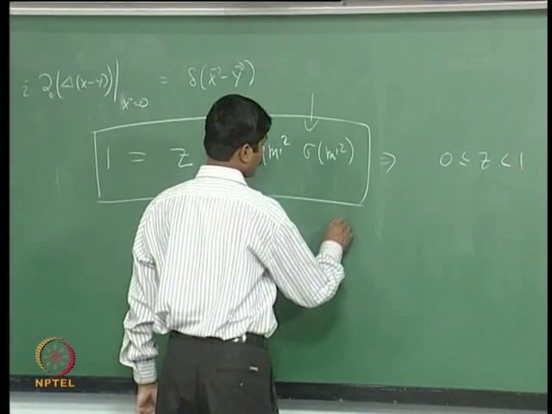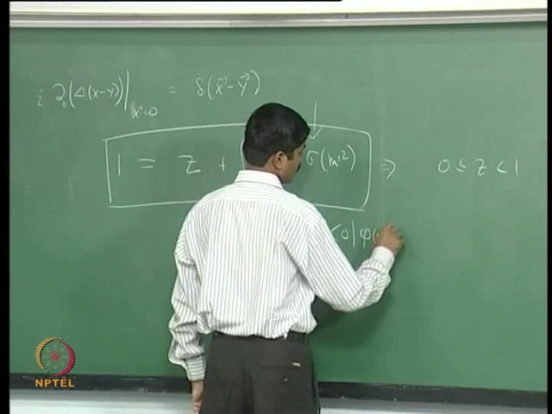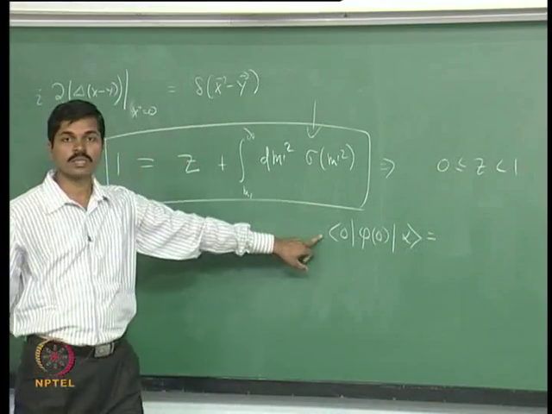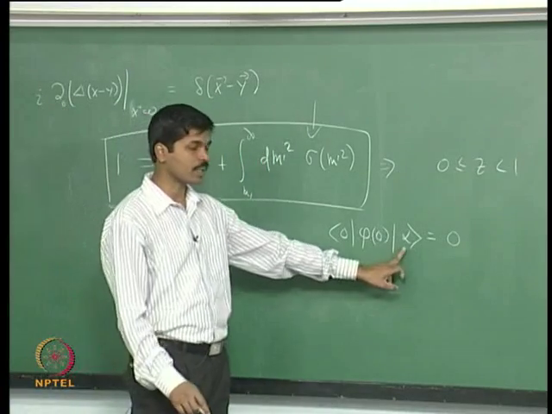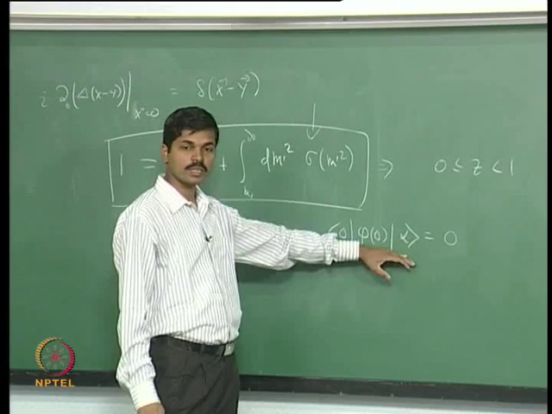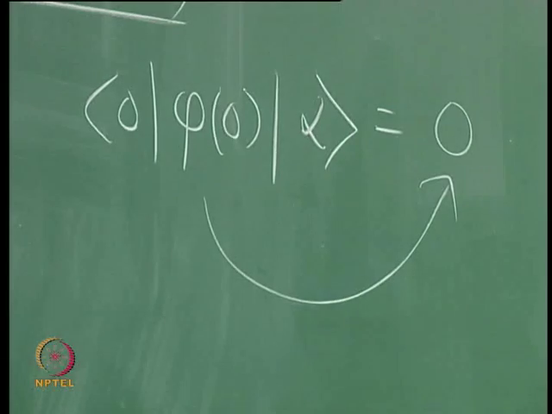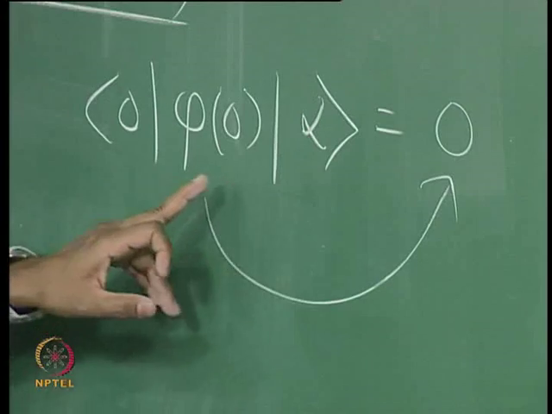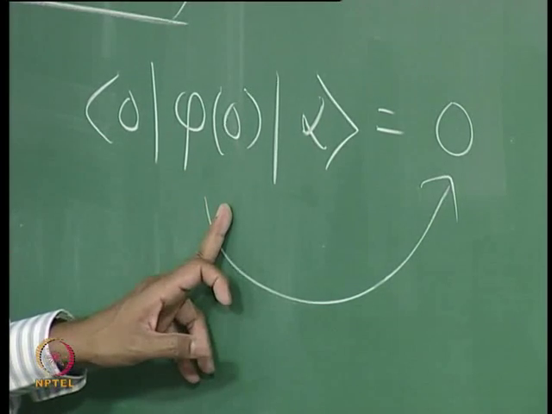This quantity here, for example 0 to phi. So, this is 0 means what? This quantity has to be 0 for all multi-particle states here, but you do not want, in an interacting theory, you do not want this to be 0 for all multi-particle states. Only in a free theory, the field phi creates a one particle state out of vacuum.